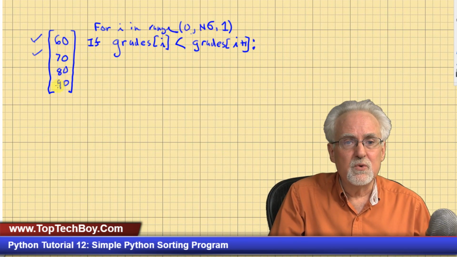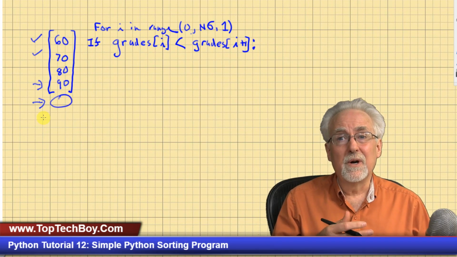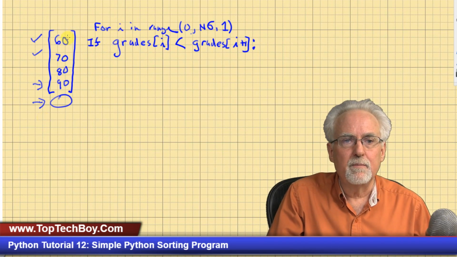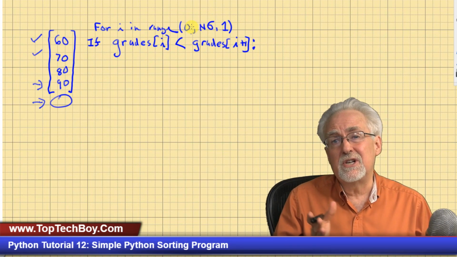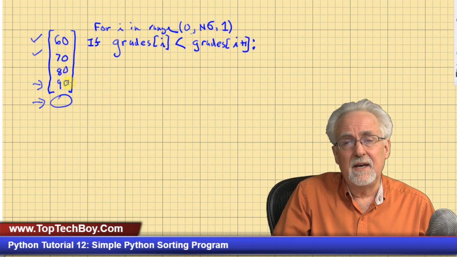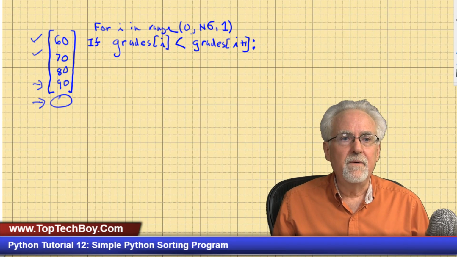No, I don't, because when I get to 90, it is going to try to compare 90, which will be at that point grades of I, to grades of I plus 1, and there is nothing here, so you are going to get an out of range index. And so because we are comparing the present grade to the next grade, we don't want to go to num grades, we want to stop one before that, because really the last thing we want to compare is the 80 to the 90. We don't want to go through that last time. And so hopefully that makes sense.